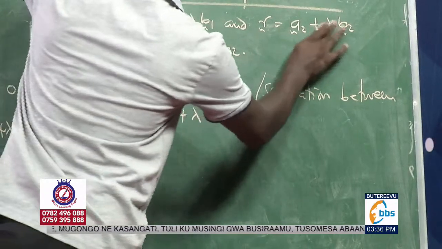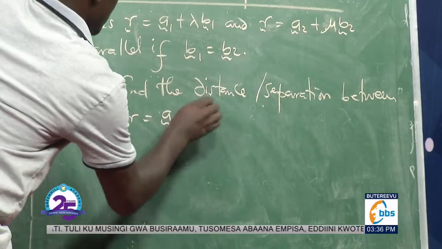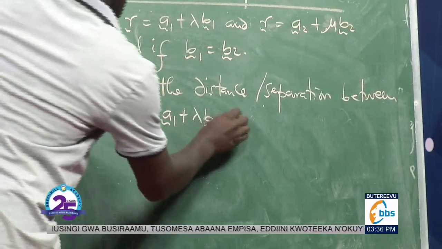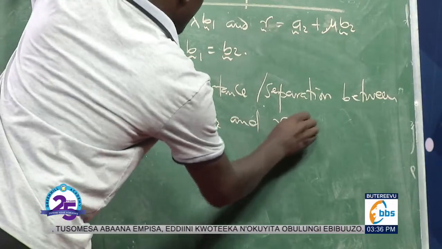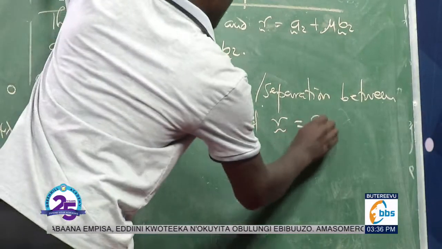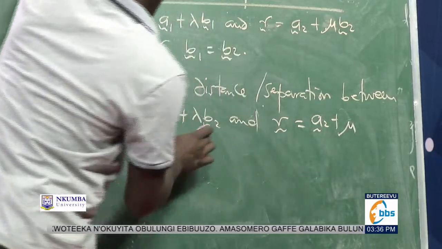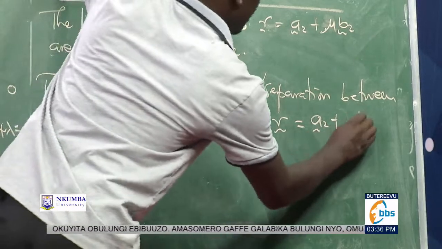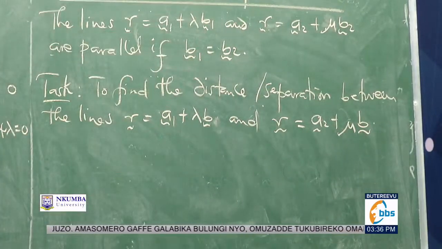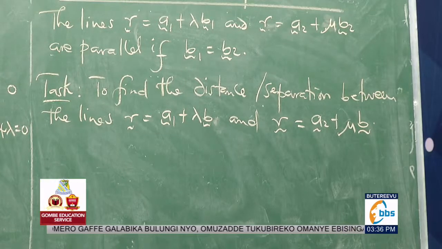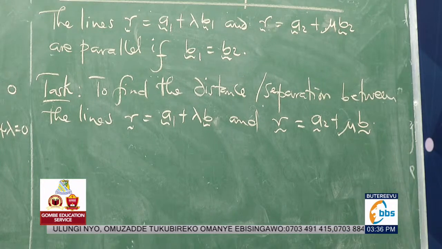We don't use lambda twice; this should be a different parameter. This should be the same vector since we are saying they are parallel. So how do we find that distance?